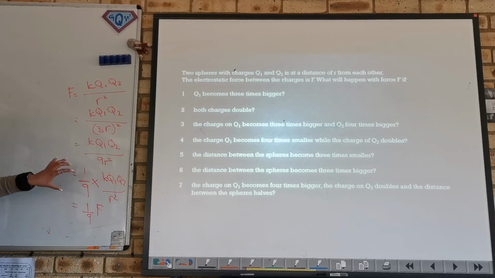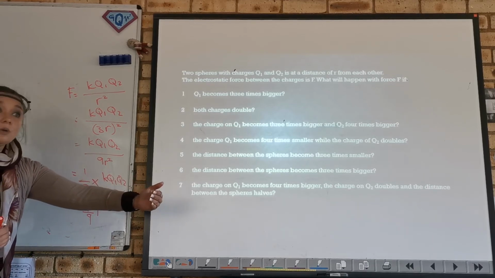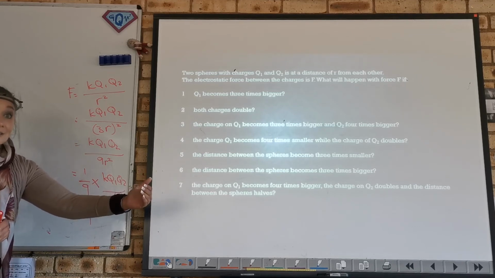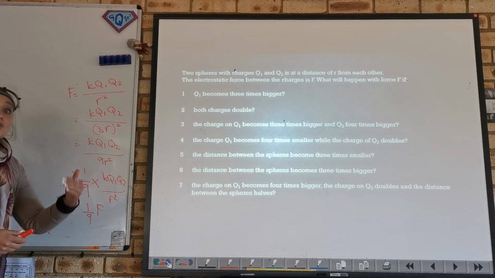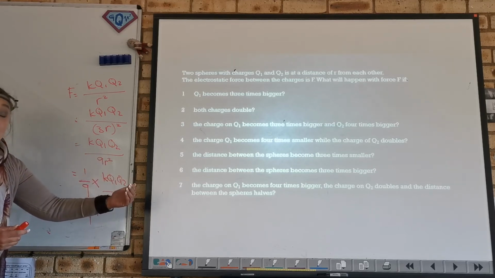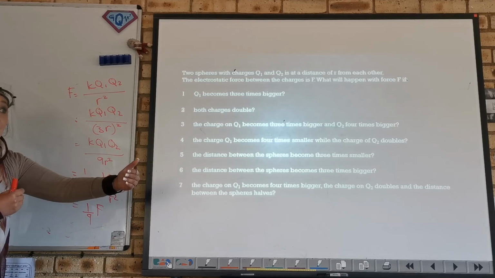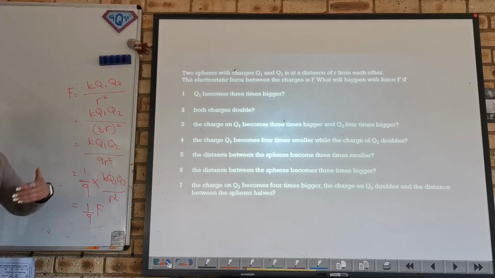This makes sense mathematically, but also logically. If the distance is bigger between the two objects, that means that my force will be smaller. Remember, it's a square factor, so because it's 3 times the distance away, we've got 1/9 of the force.